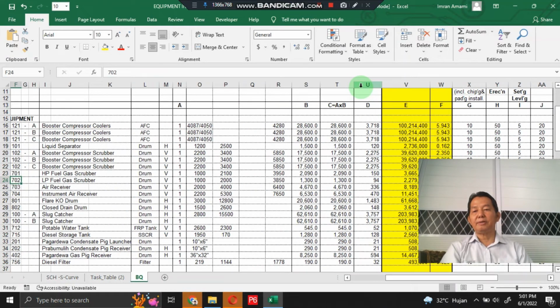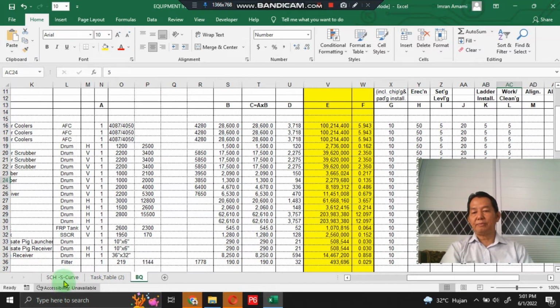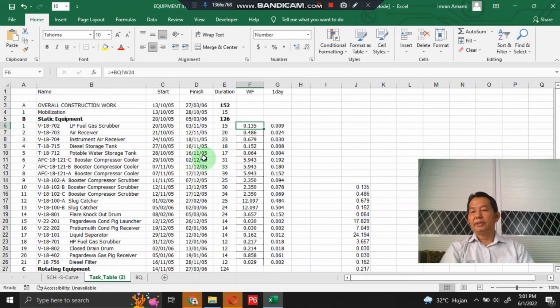This is the work factor based on contract price for LP fuel gas scrubber. The same also applies for air receiver. This is the work factor based on contract for the air receiver work item. I took it from worksheet BQ, cell W25, and so on. The same applies to other cells.